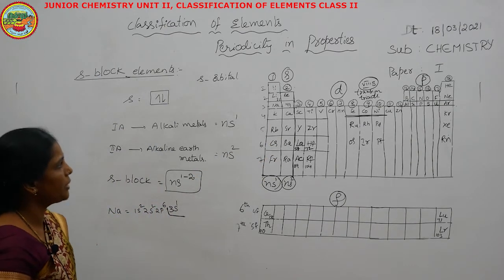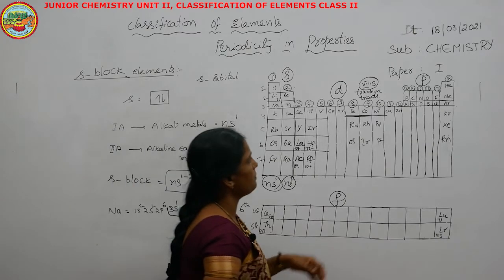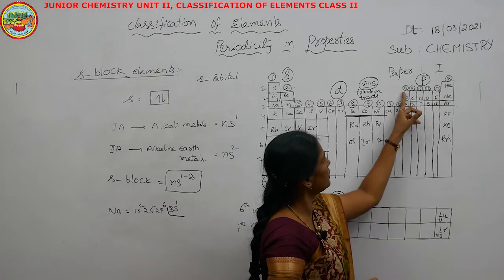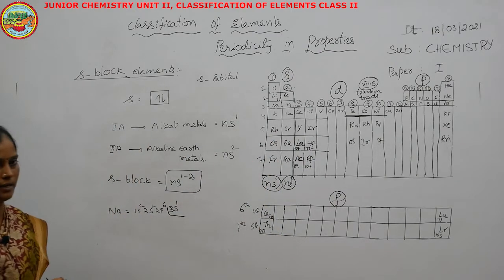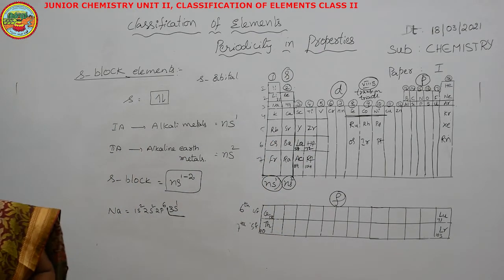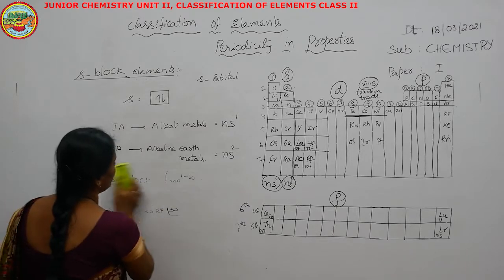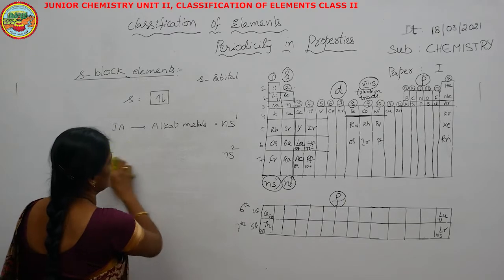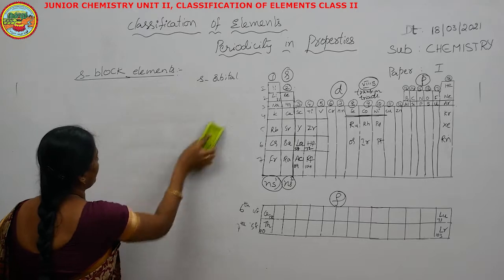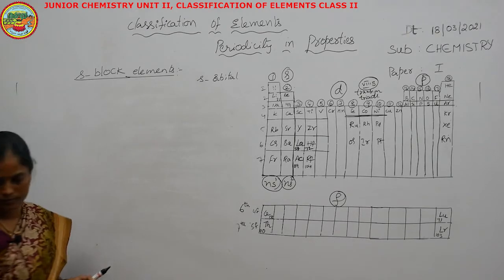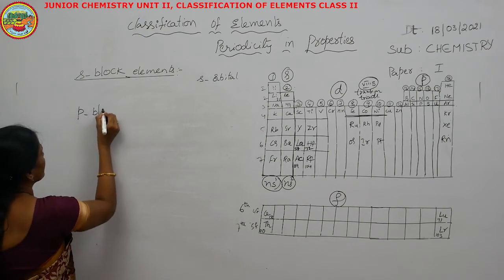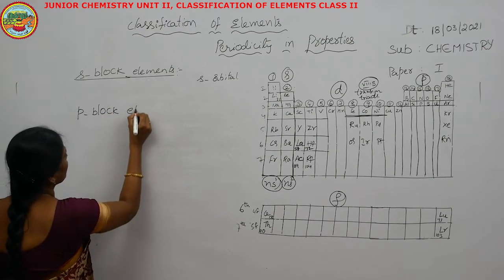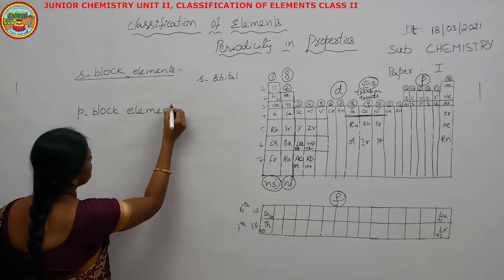And then coming to the p block. It starts with group 13. Because the p orbital contains 6 electrons. P block elements.